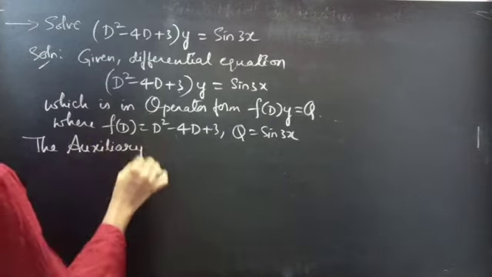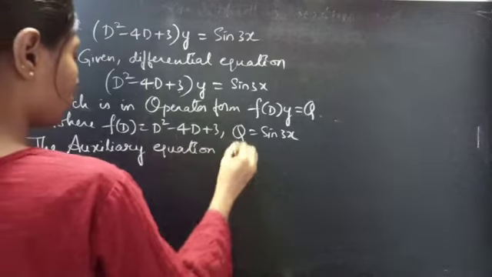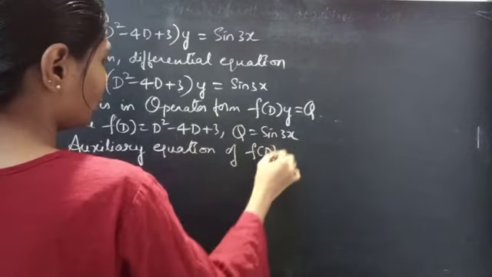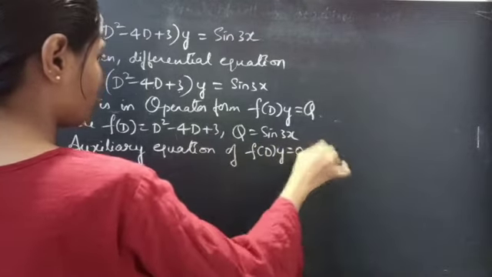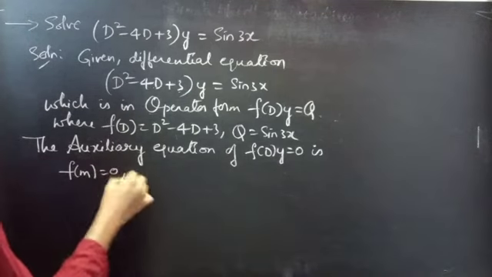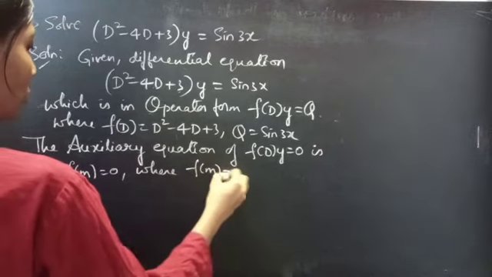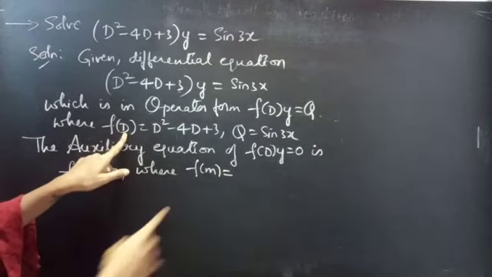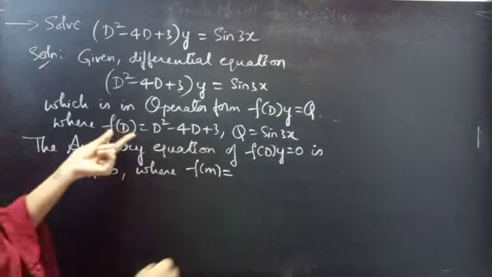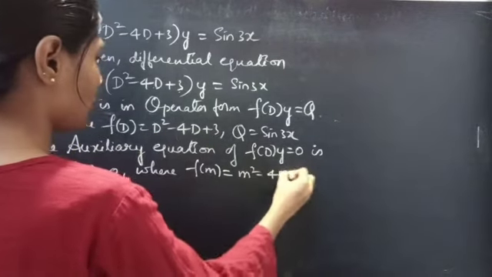The auxiliary equation of f of d into y equals to 0 is f of m equals to 0, where f of m equals to, replace differential operator d by m to get f of m, which is equals to m square minus 4m plus 3.